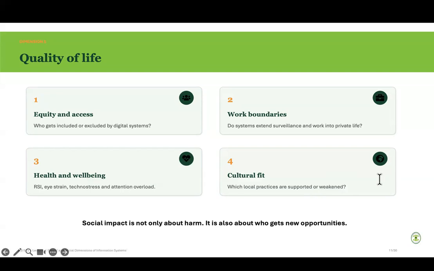Then there's also the issue of cultural fit. A system that is designed elsewhere may assume stable electricity. It may also assume individual ownership of devices. It may assume English language fluency among everybody, or that there's formal employment across the board.